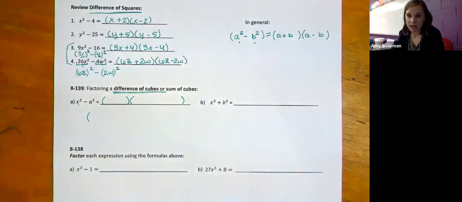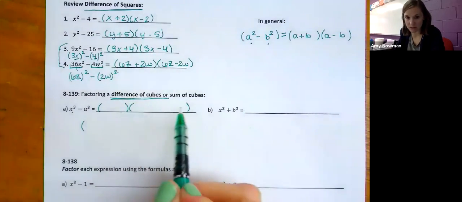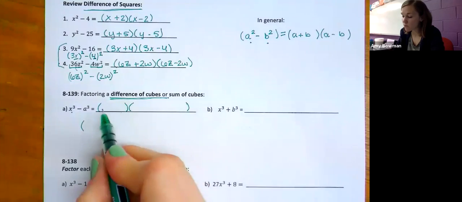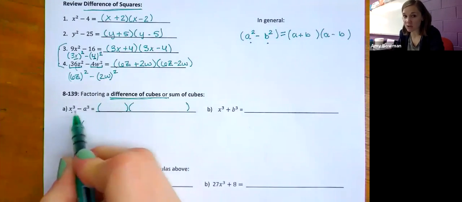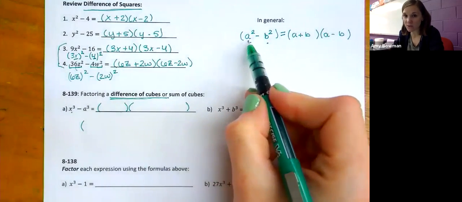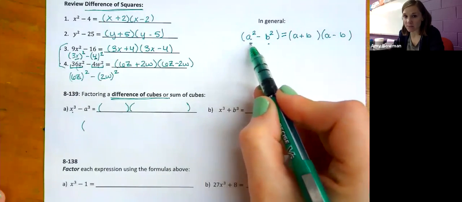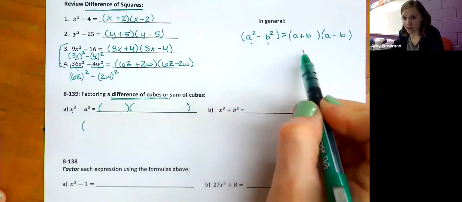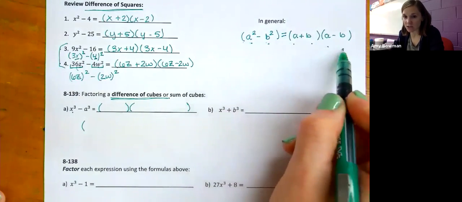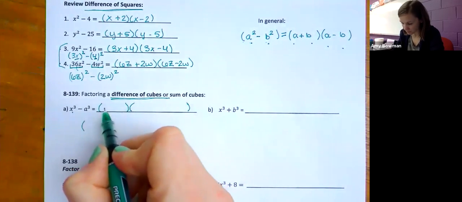And I'm going to explain how each of these terms is found. The first factor is really similar to the sum and difference of squares. With a squared minus b squared, the a itself and the b itself are the terms in each of the two factors. It's the same with this first factor here.